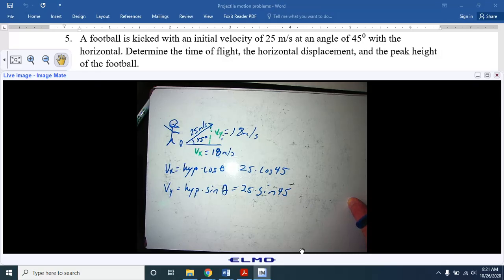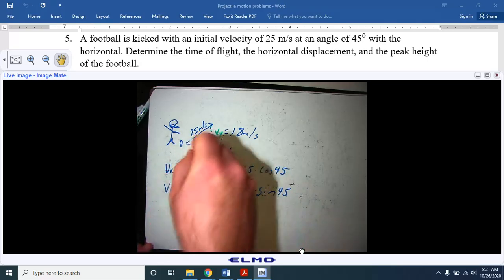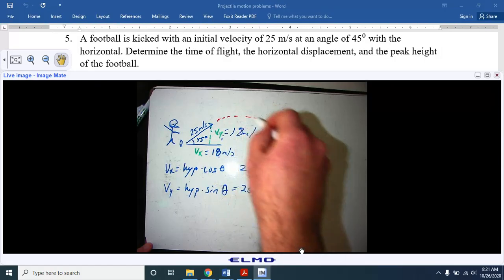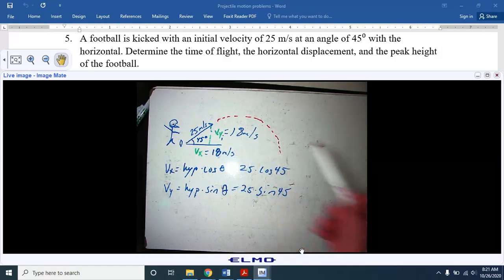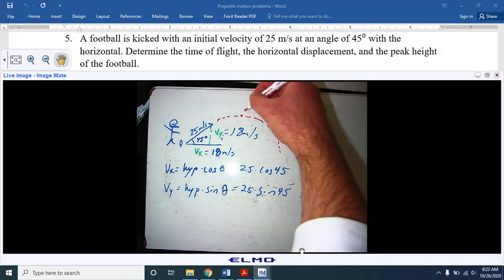Determining time of flight is going to take into consideration that the ball goes up and then comes all the way back down. We know that in part of that flight, the ball is going to reach our apogee point.